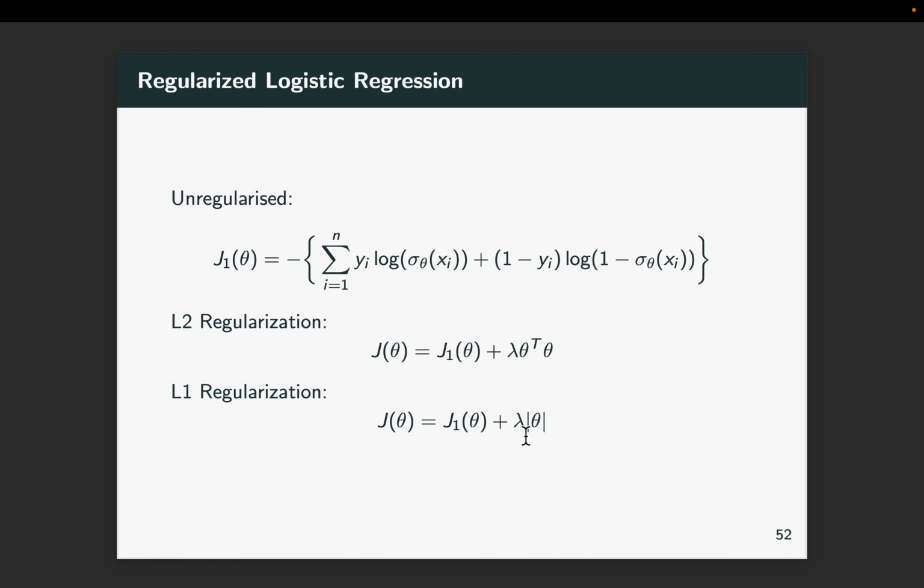Both of these methods would give us some amount of regularization. Given that the binary cross entropy loss function is a convex function, and the L2 norm and the L1 norm are also convex functions, the addition of two convex functions gives us another convex function. So we'll stop at this point.